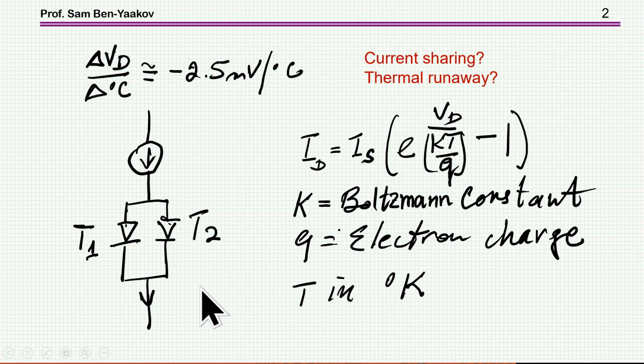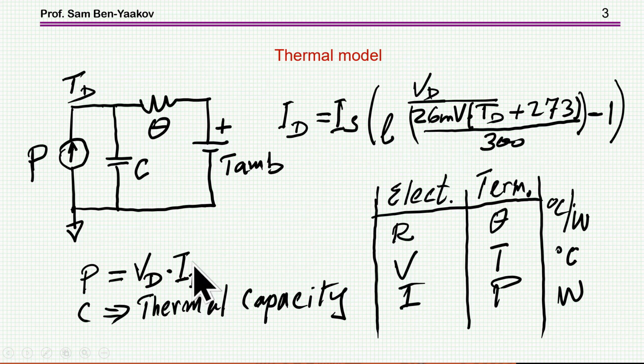using LT-SPICE. To do that, we do need a model for the thermal part of the problem, and here is the classical equivalent circuit that represents a thermal conduction between power delivered to a system. This is the thermal resistance, ambient temperature, and this is the thermal capacity.